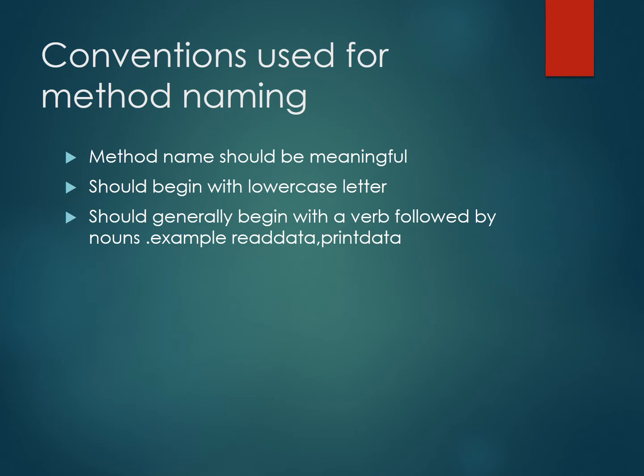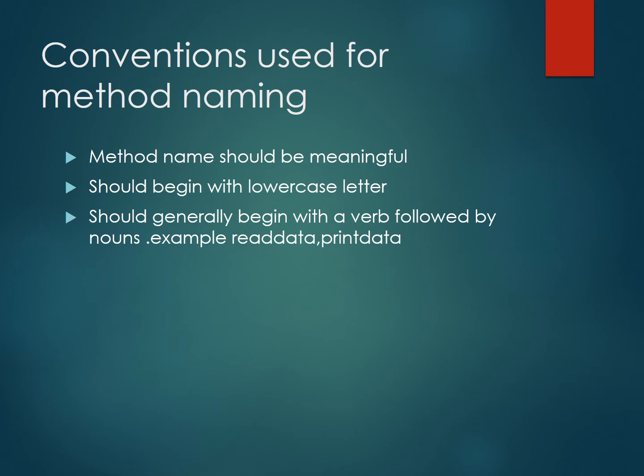Next, what are the conventions that are used for method naming, what are the rules which we can make use of when we name the methods. A method name should be meaningful, it should specify the correct meaning of what the method is going to do, what the task or purpose of the method is. Next, it should begin with a lowercase letter.